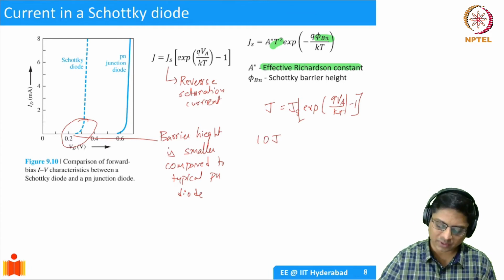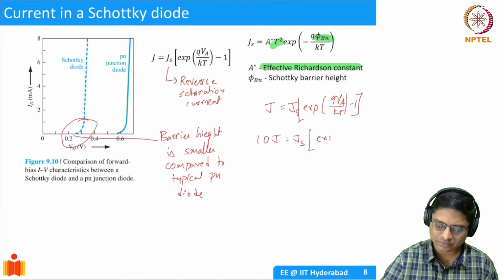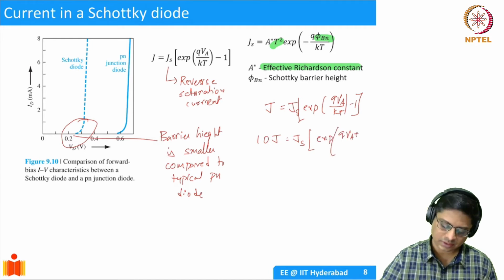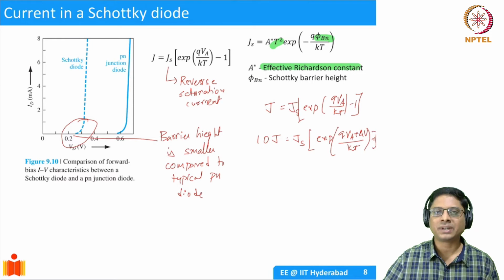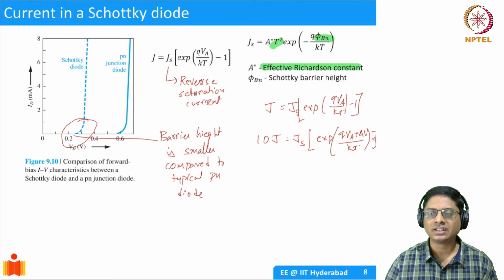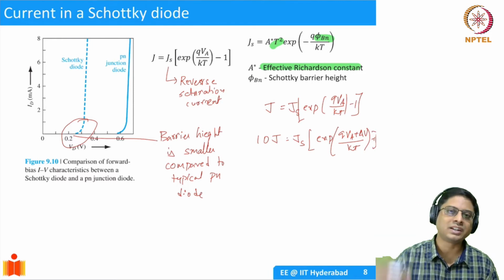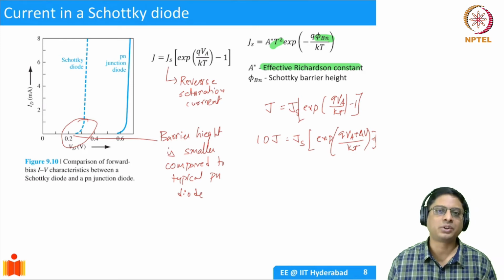What is the voltage that would be required? Well, that's going to be Js exponential q(V_A plus delta V) by kT minus 1. So I need to increase my applied voltage by, let's say, delta V to increase the current tenfold. And how much is the delta V? I want to find out.